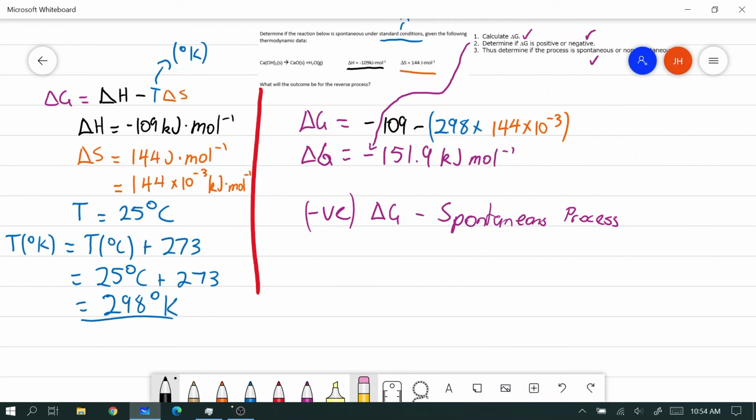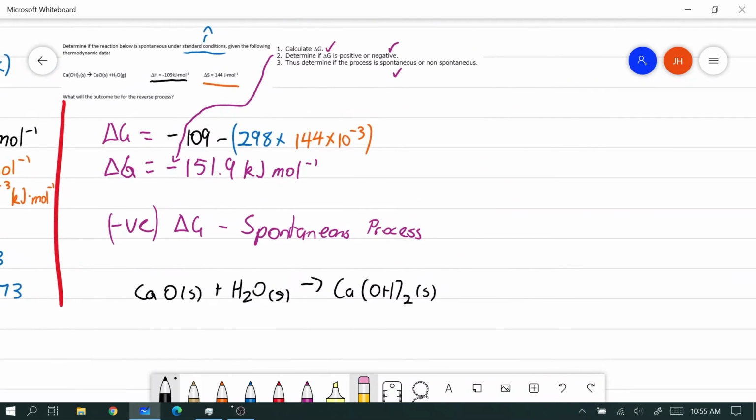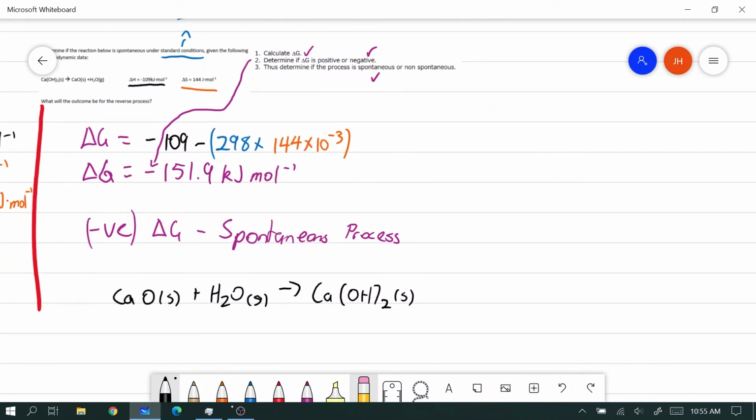But if we were to write out our reverse process, so calcium oxide plus water forming calcium hydroxide, we would have to change and reverse some of our thermodynamic data.